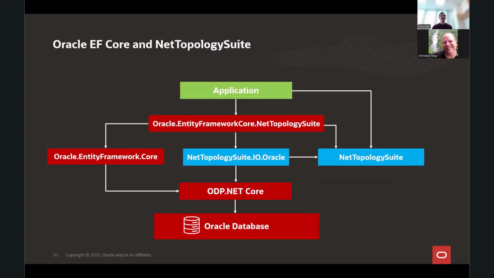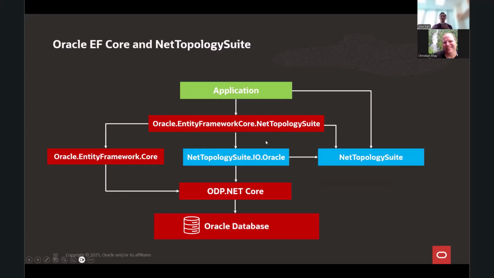So this is kind of the topology of how Oracle EF Core works with the NetTopologySuite. We have an application, and this shows you how all the different libraries and packages work together. In red are the Oracle related libraries, blue are the NetTopologySuite ones, and the application is in green. Your application will typically, in this scenario, work with the Oracle.EntityFrameworkCore.NetTopologySuite as it works with your spatial types, your Oracle spatial types or your NTS types.